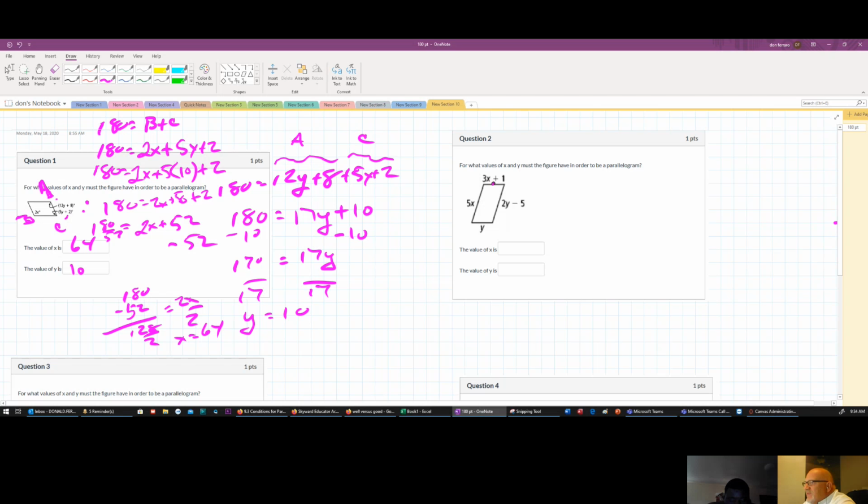Now, what do we know about this side and this side? They're 180, right? Well, actually, in this case we're dealing with sides. We don't know the length of the sides. That's what we have to find out. So angles, we know that these angles would be supplementary.